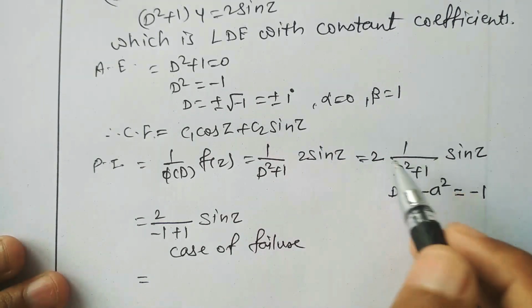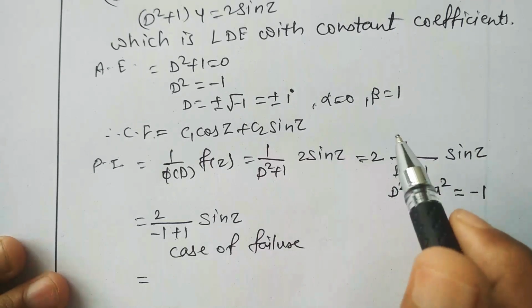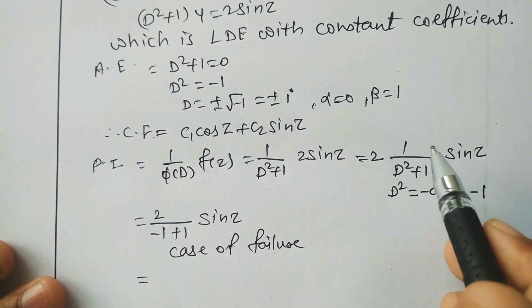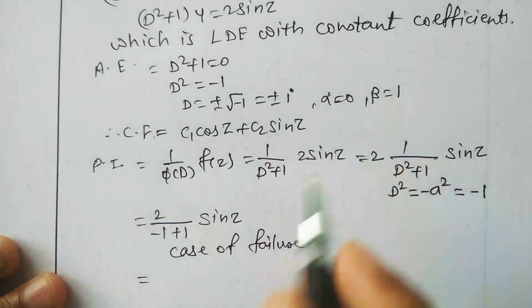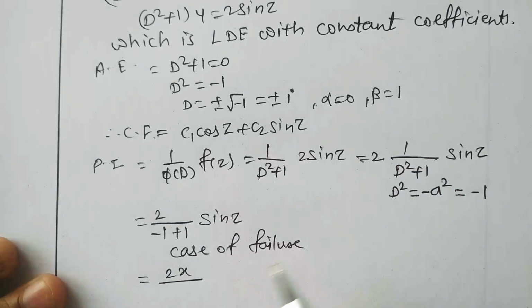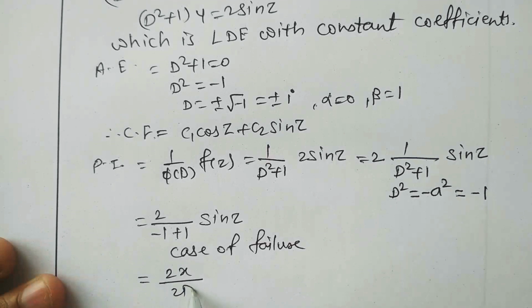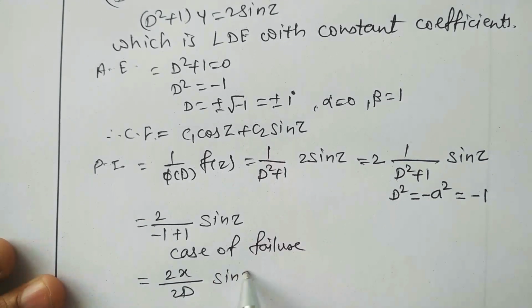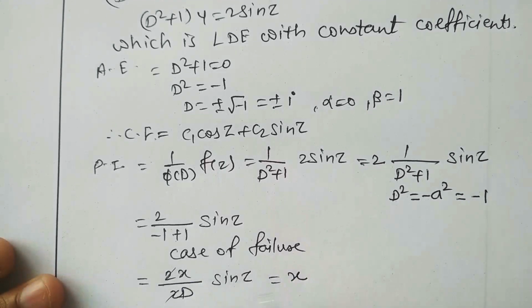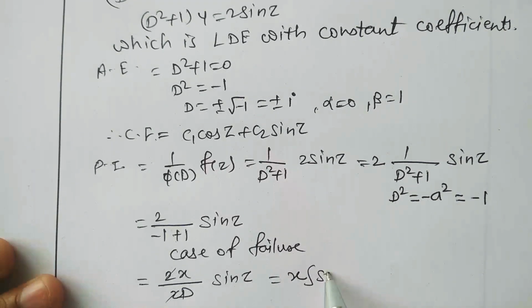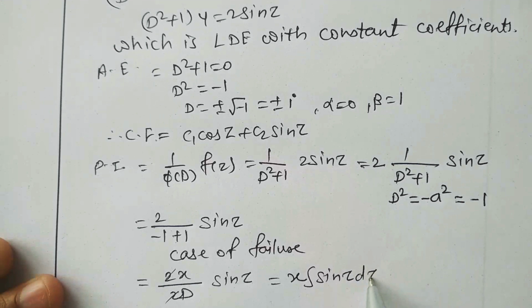In this case, for this term we have to multiply the numerator by the independent variable z. Note down, we are not going to multiply by x; here the independent variable is z. So we multiply the numerator by z and take the derivative of the denominator. The derivative of D²+1 is 2D, into sin z as it is. Now this 2 gets cancelled, z as it is, and 1 upon D means integration of sin z dz.